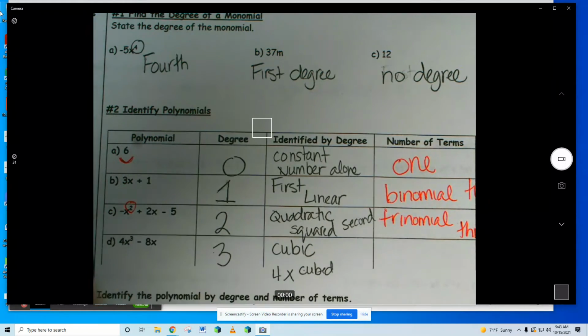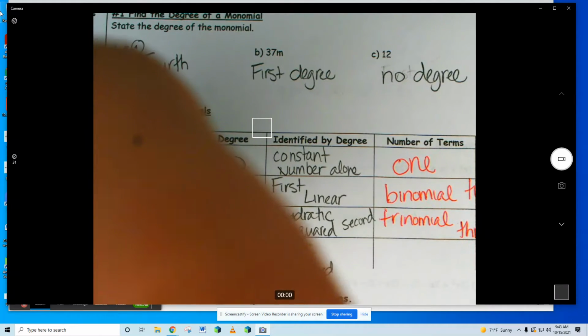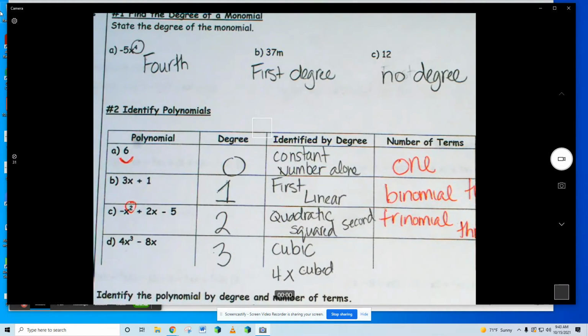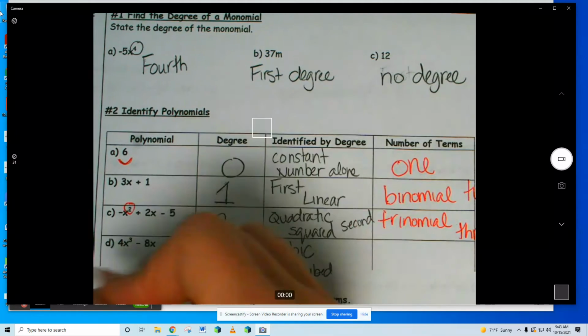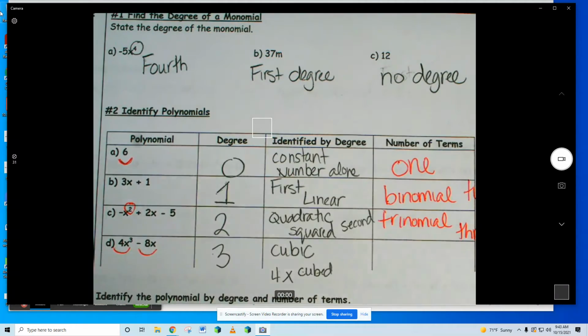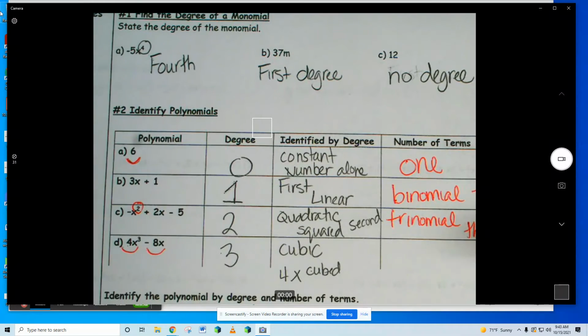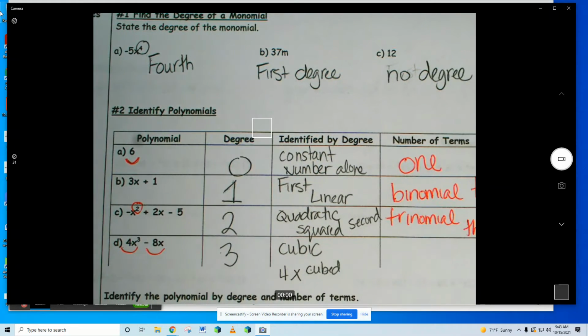Okay? Number of terms. How many terms are there? How many terms is that? 2. Binomial.